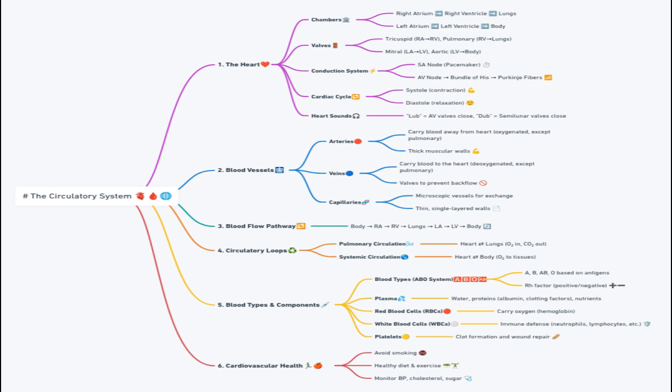But the ventricular depolarization masks the atrial repolarization. There's a T wave, which is the ventricular repolarization.